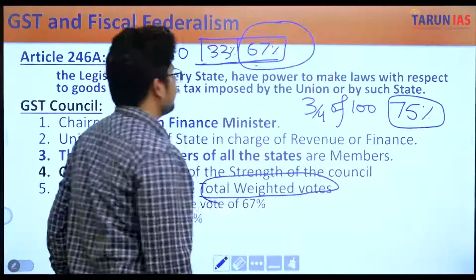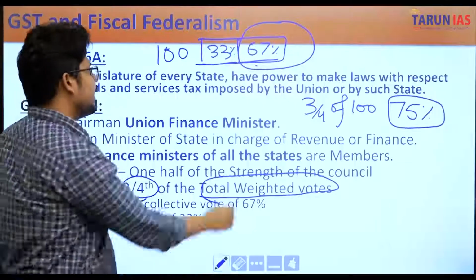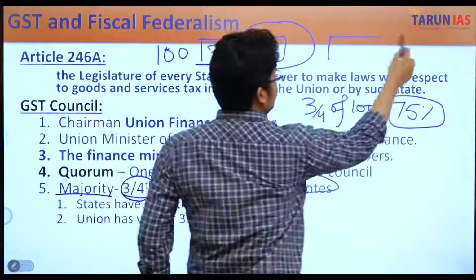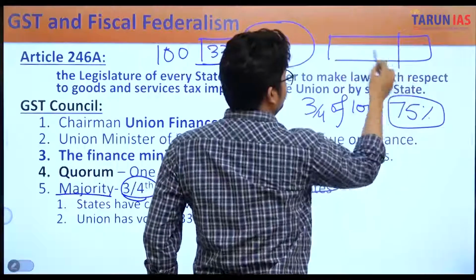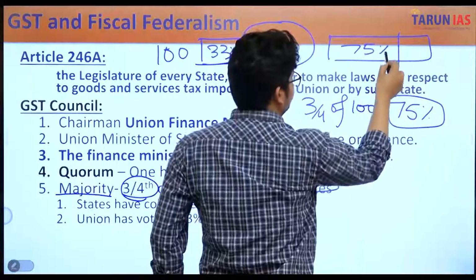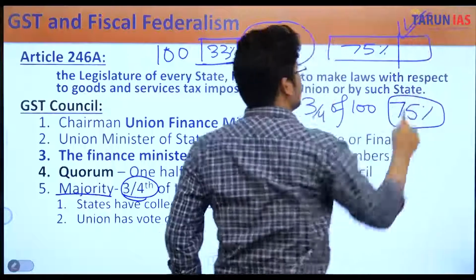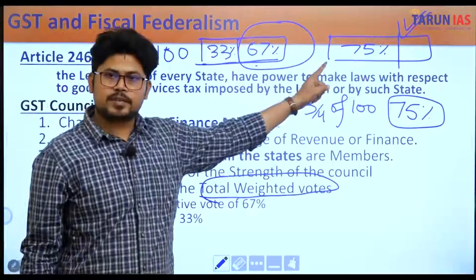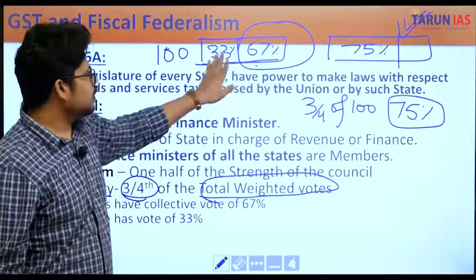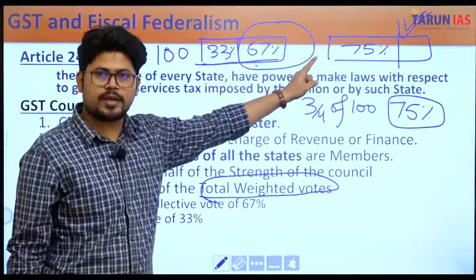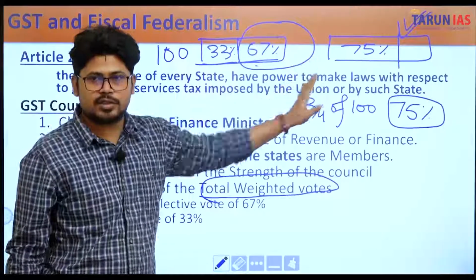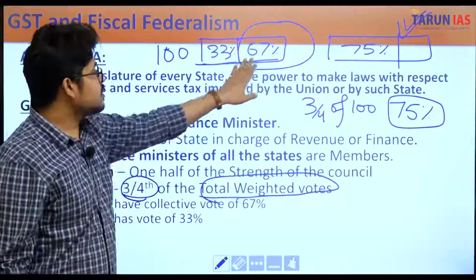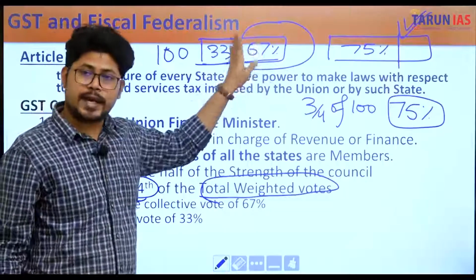That means 75% of the people need to agree on a certain issue for the GST Council to pass a resolution. That is, 75% of the people in this GST Council need to agree upon the decision being taken, whereas 67% of the voting power goes to the states.